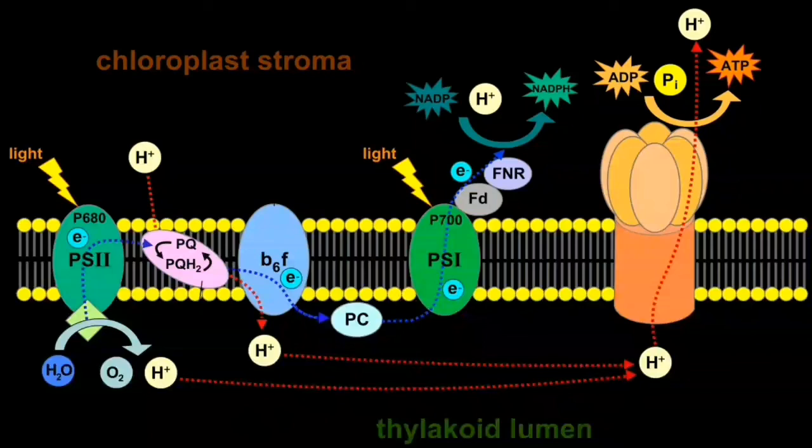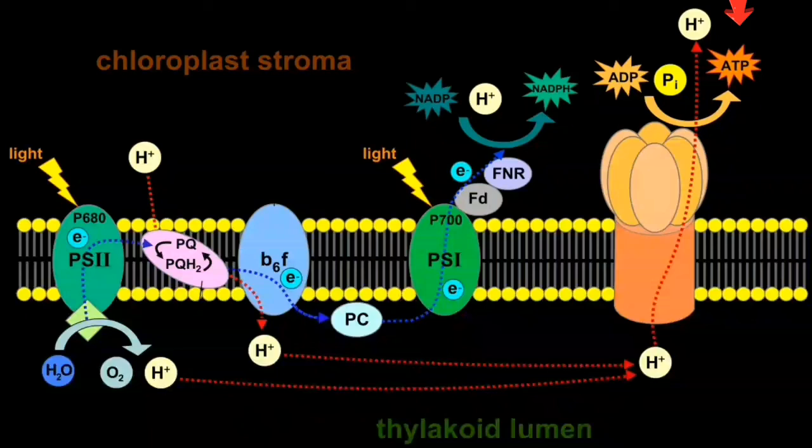Protons are transferred through this ATP synthase complex and rotate the rotor section of ATP synthase, and it combines ADP with inorganic phosphate to make ATP. ATP is the most important component that is required for the Calvin cycle.